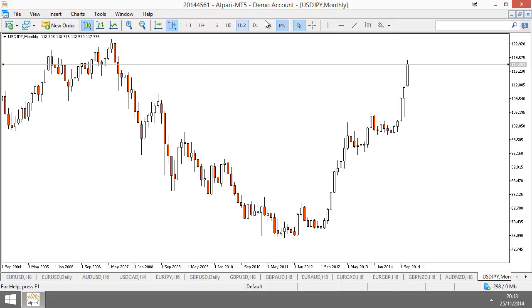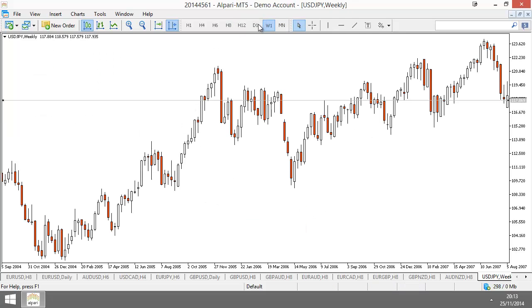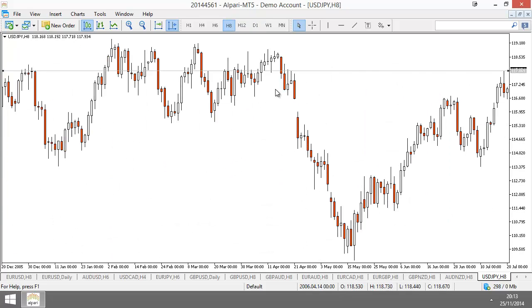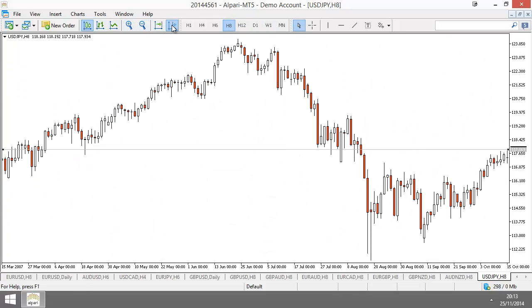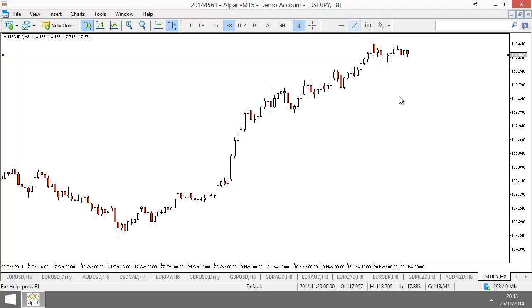It just doesn't work. When price keeps moving through this area on USDJPY for a while, then we'll be able to place support resistance. But even on the 8-hour chart, it's been moving pretty much consistently up until here. You can't really place support resistance. So that's another problem with USDJPY right now. We just don't have support resistance for it.